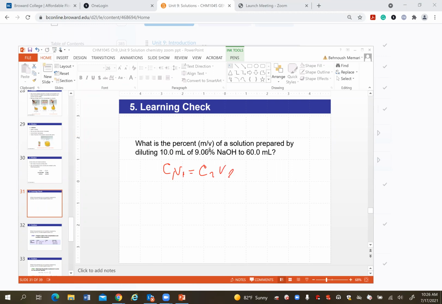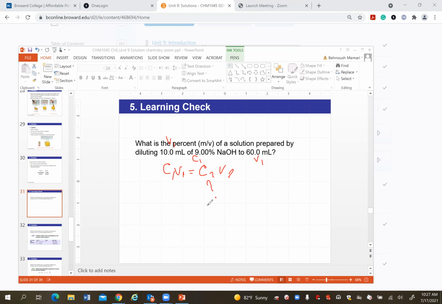I have to label the information given according to this formula. I know that 10 milliliter is going to be V1, 9% is going to be C1, 60 milliliter is V2, then we have to find C2.